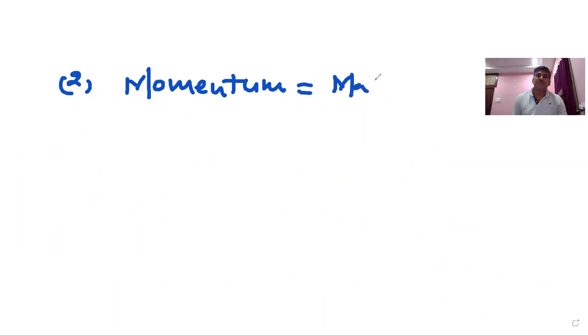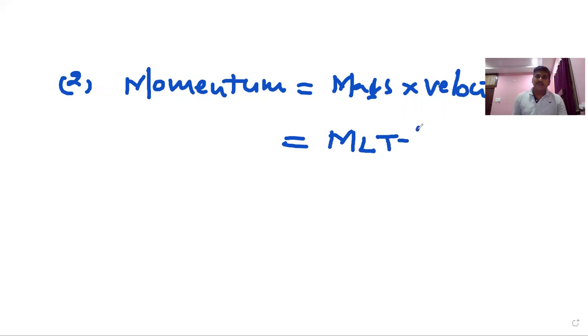Mass into velocity is momentum. Mass dimension formula is M, velocity is LT minus 1. So this is the dimension formula of the momentum.